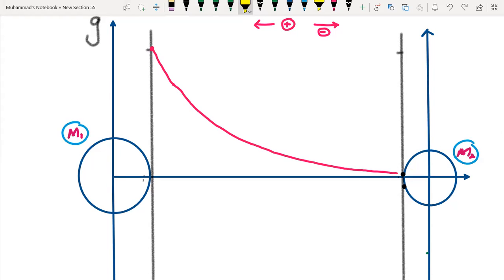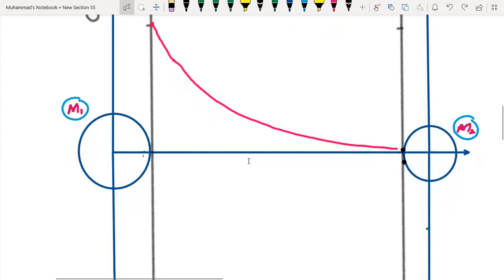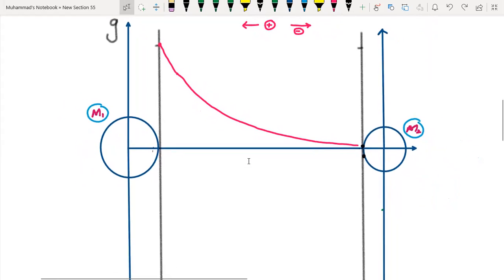So what about the gravitational field strength due to mass m2? That will be towards the right direction, and right direction is taken as negative over here. So it will start from some maximum value and it will decrease and go in this way. The magnitude of this value and this value depends on the size of the masses.